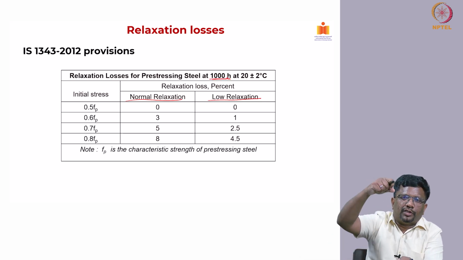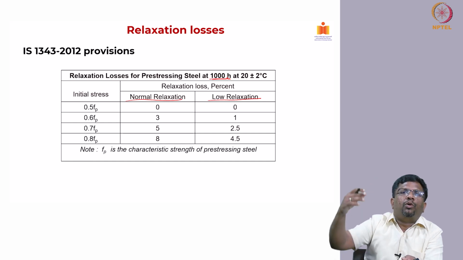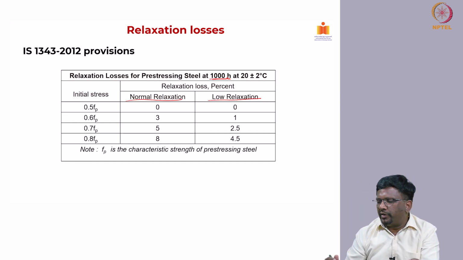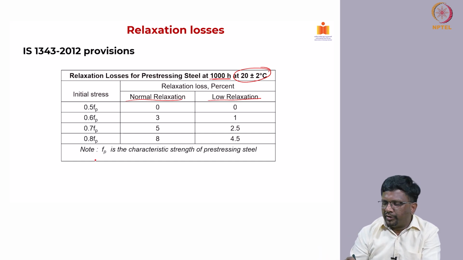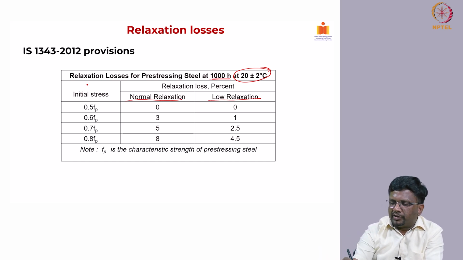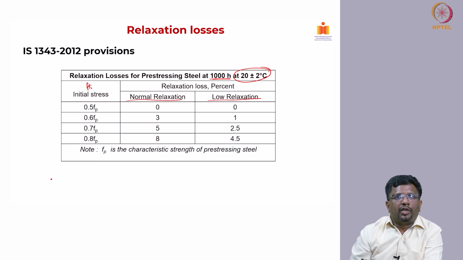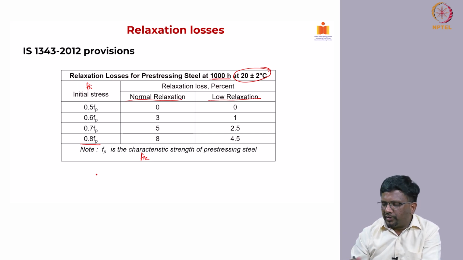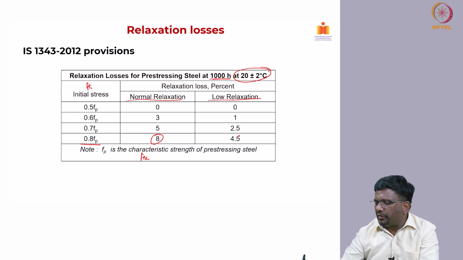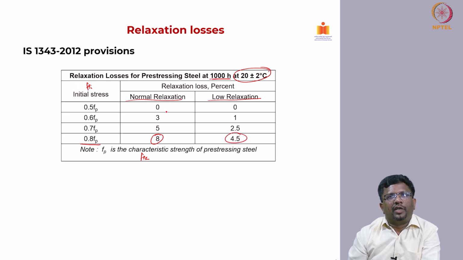When I am stretching it and I keep measuring the stress over a period of 1000 hours, at the end of 1000 hours, at this particular temperature, what would be the loss? What you observe here is, if the initial stress, this is FPI in the equation, is higher, let us say at 0.8 FP, here FP means characteristic strength, and sometimes we denote that as FPK as well, you see here, if the initial stress is close to that of characteristic strength, your relaxation loss, for both categories of steel, is higher.